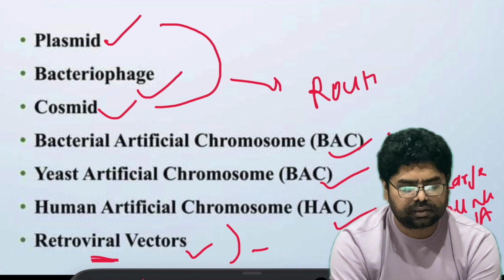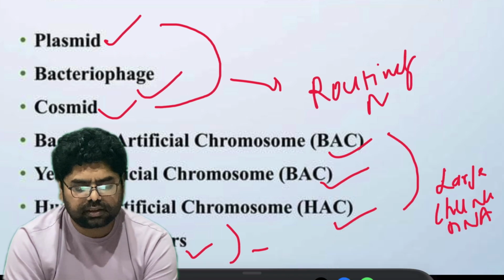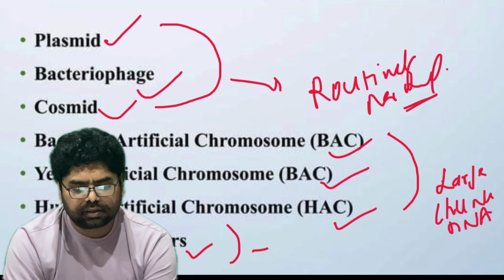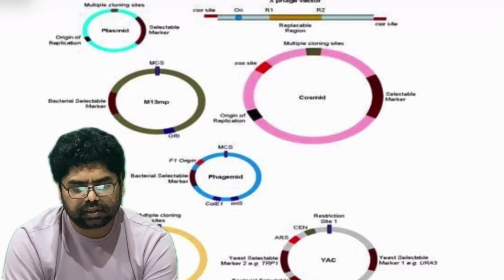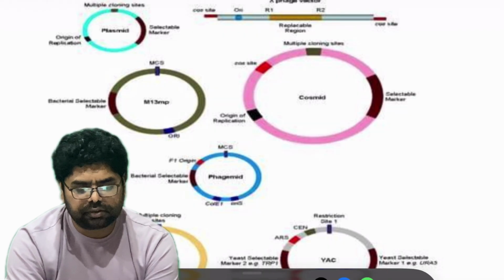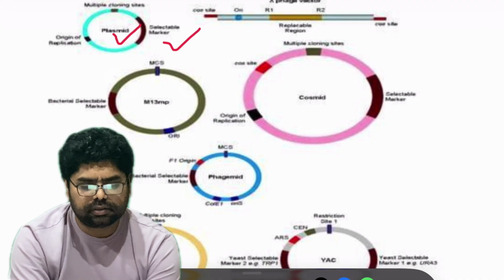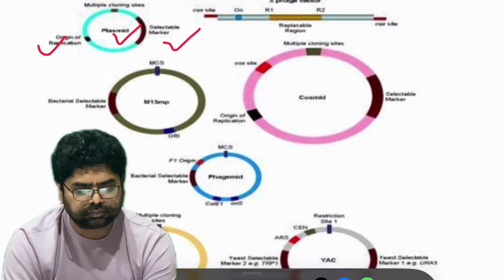These are mainly viral vectors. Some of these vectors are used for very large chunks of DNA, and these vectors are routinely used for normal cloning.